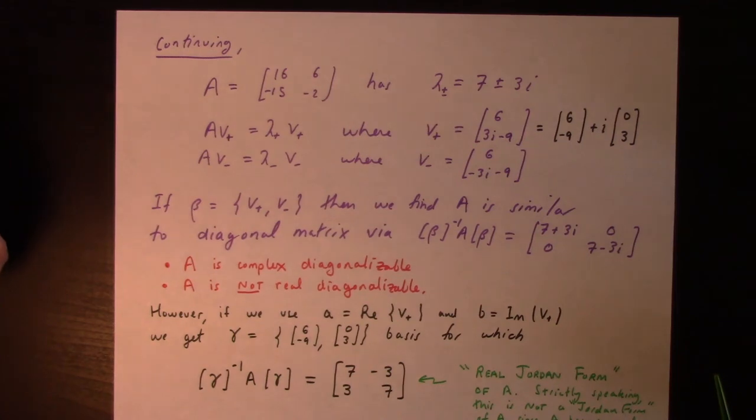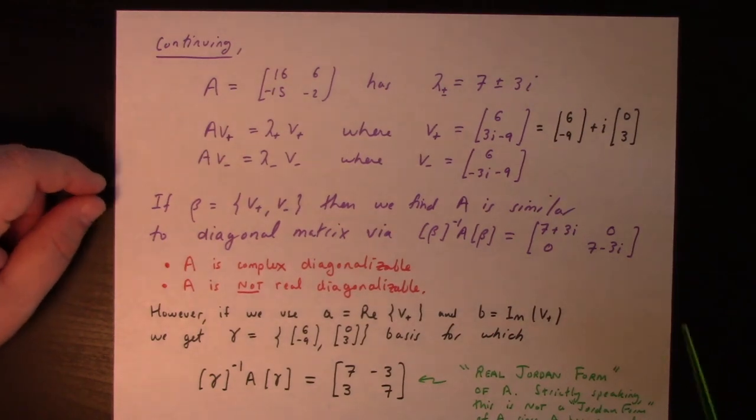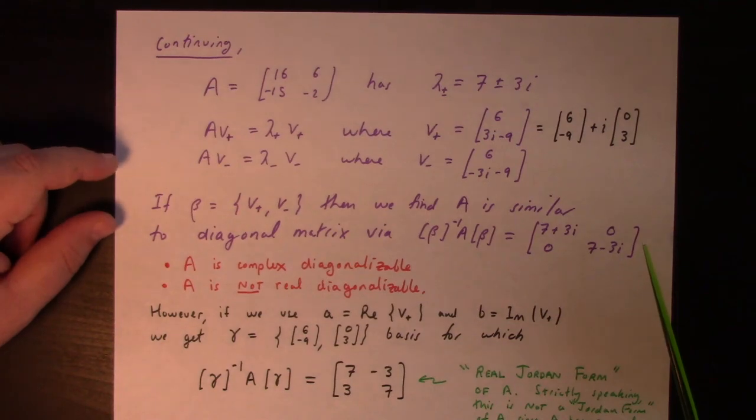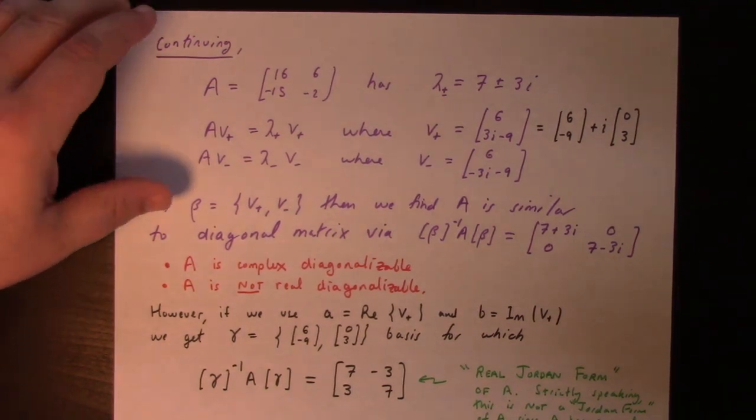Each complex eigenvalue will give us complex eigenvectors for the corresponding complex matrix, viewing the given real matrix as a complex matrix, rather. And each complex eigenvector will give us a pair of real vectors, which we can then use to construct a basis that puts the matrix in a special form, which we call the real Jordan form. It's hard for me to say much more about that without showing you some further examples here.